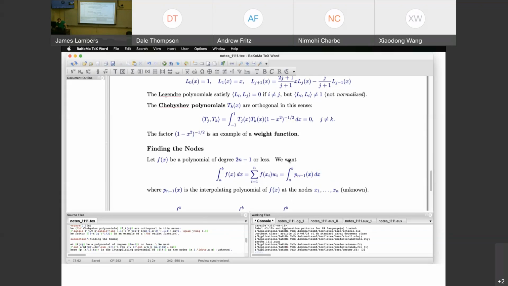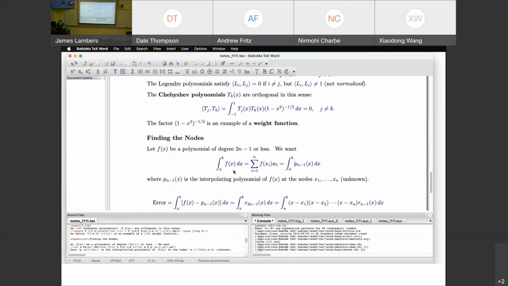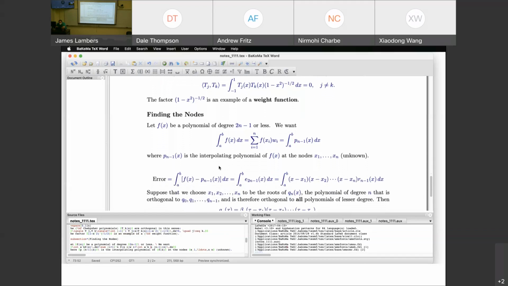And this is how general interpolatory quadrature works: a quadrature rule is equivalent to integrating the interpolating polynomial exactly. The difference is we want this to agree with the true integral of f. So no error in this case. So what is the error? So that we can make sure it's 0.